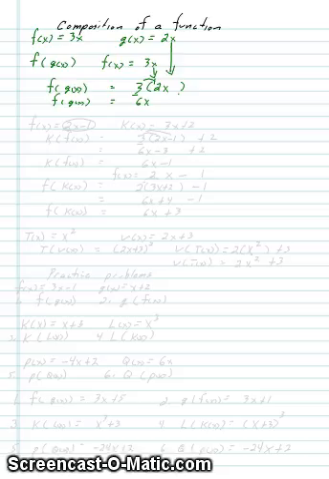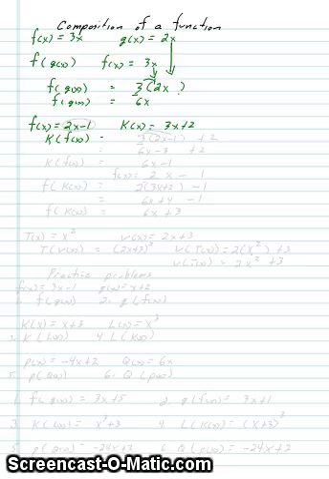Here's another example. Our f of x now is 2x minus 1, and k of x, which is just another name for a function, is 3x plus 2. So we're going to have the composite k of f of x.